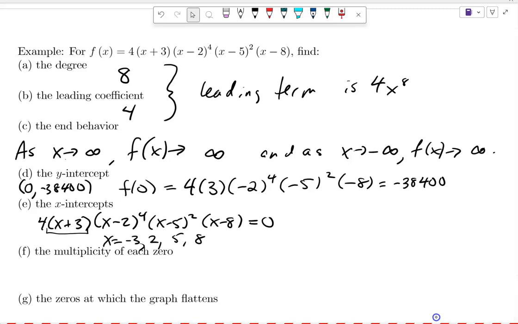Those are the zeros, or the roots. Again, though, intercepts are points. If we want to describe the intercepts, then we should write them as ordered pairs. So we should have the points negative 3, 0, 2, 0, 5, 0, 8, 0.